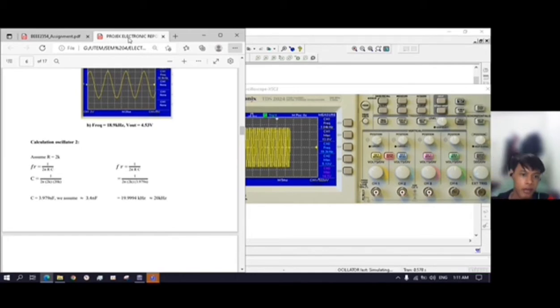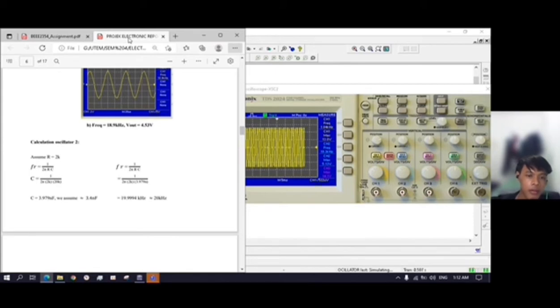Then we want to check whether we get the 20 kilohertz or not. We substitute the capacitor and the resistor in the same frequency equation, 1 over 2 pi RC. R is 2K and C is 3.979 nanofarad, and then we will get 19.999 kilohertz.